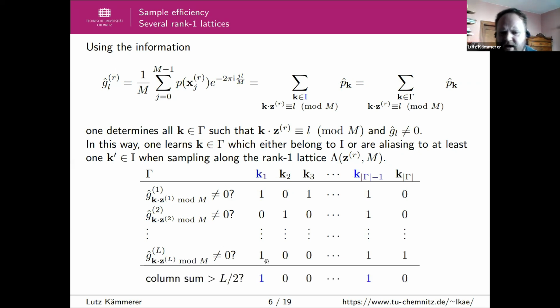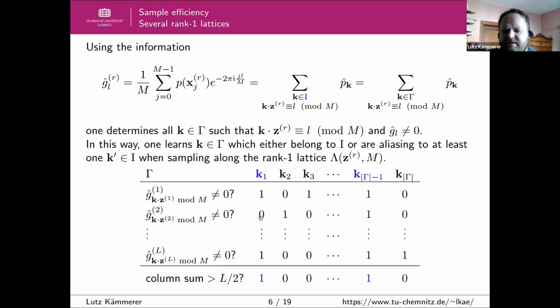And then you can say, okay, if my k1 is often in such a set where this g hat L is non-zero, then most probably this k1 belongs to the active p hat k. You do this for all these cases.